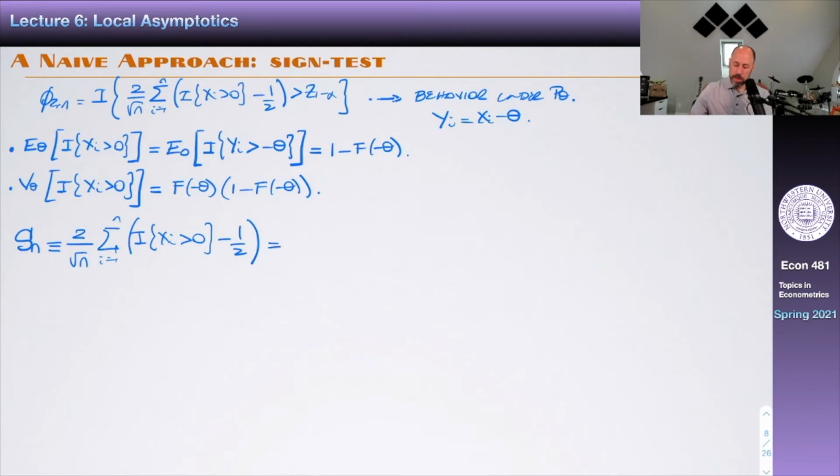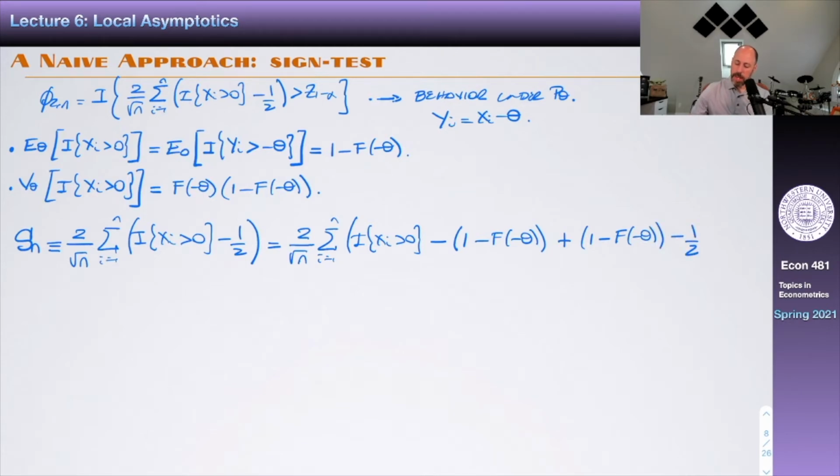And then what I'm going to do is add and subtract the true mean inside. So it's just going to be 2 square root n sum of the indicator xi is greater than 0. Let's subtract the mean first. Let's add the mean again. And let's put back the 1/2 that we had before.